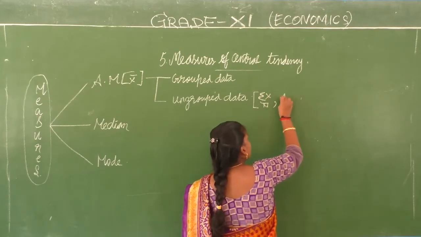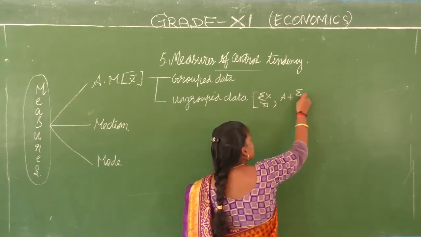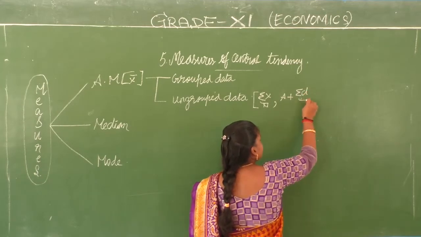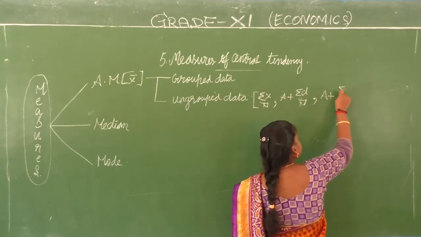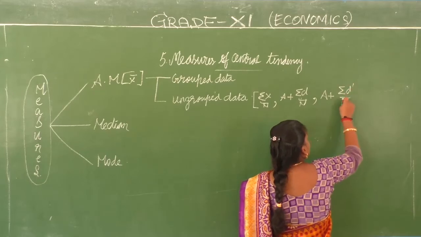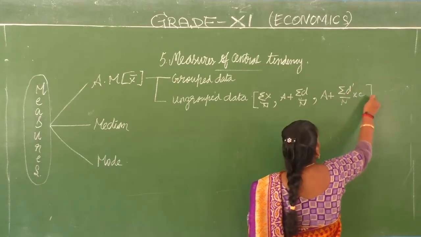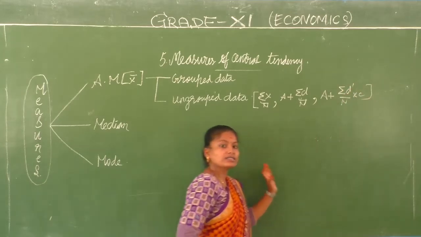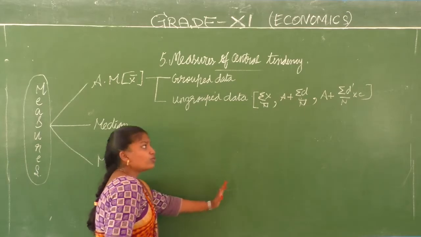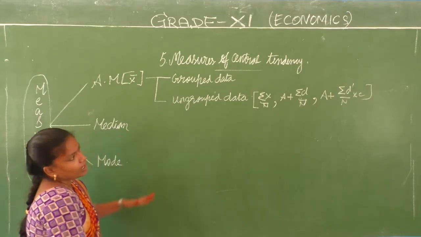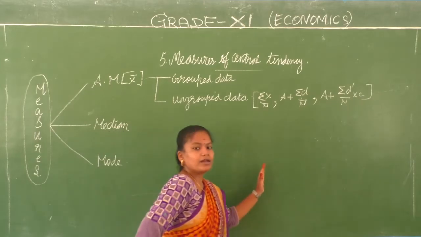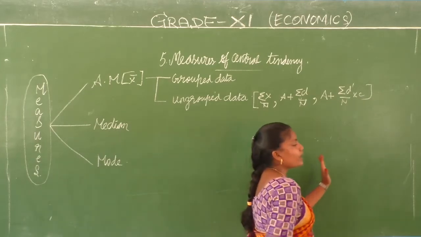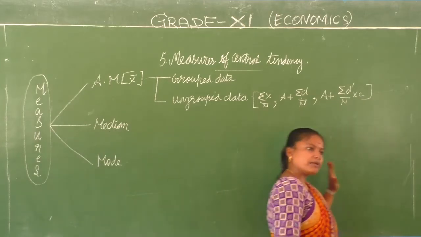Then we had a plus sigma d by n. Then we had a plus sigma d dash by n into c. Those were the three different formulas that we use to find arithmetic mean for ungrouped data. Right, children? So we had the direct method, the assumed mean method and the step deviation method.